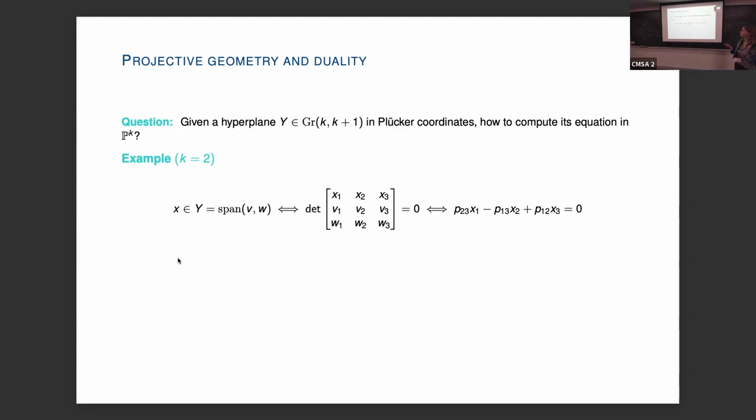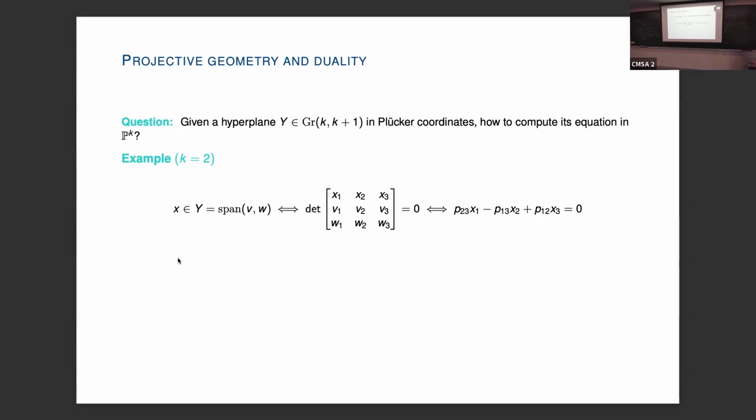When I write P23, I mean the 2,3 minor of the matrix that represents this hyperplane. So we have x1 times P23 minus x2 times P13 plus x3 times P12 equals 0 when this determinant vanishes. This is exactly the equation of the hyperplane in terms of the Plücker coordinates. But the Plücker coordinates will generally be given as P12, P13, P23, so we've reversed the order and put alternating signs on them.